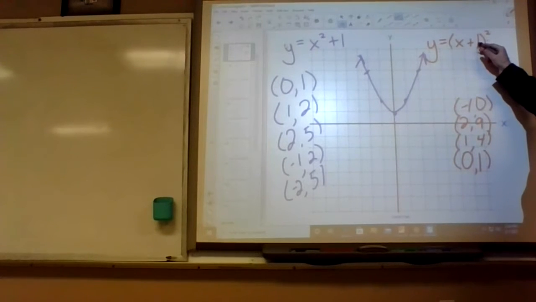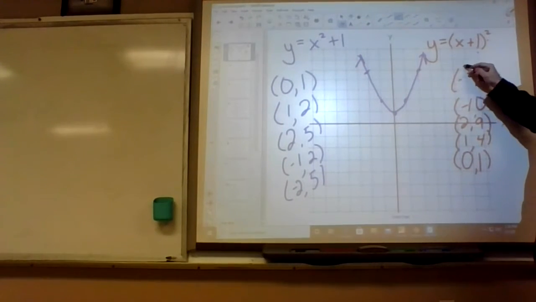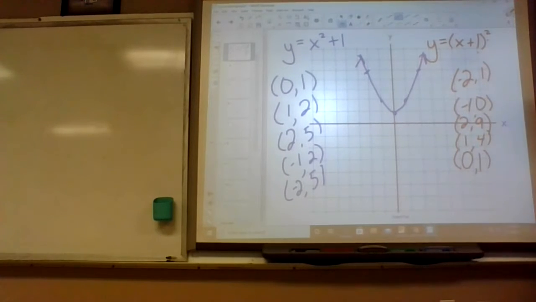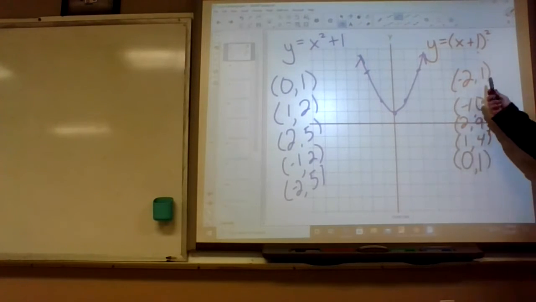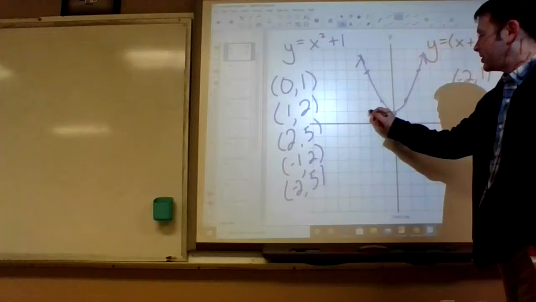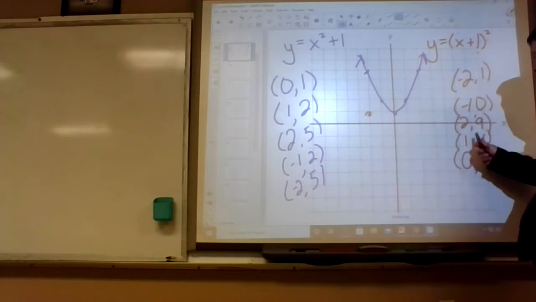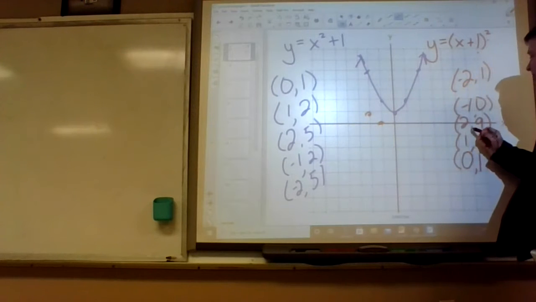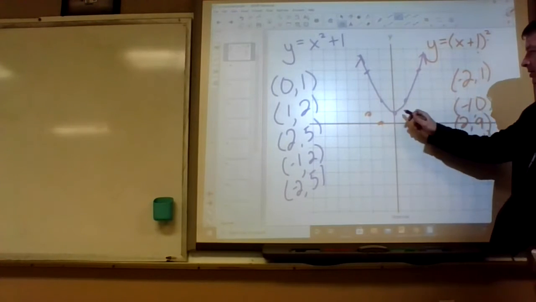Negative 2 plus 1 is negative 1, squared is positive 1. Just gotta write way above it. All right, what's happening? Negative 2, 1 is right there. Negative 1, 0, 0, 1.